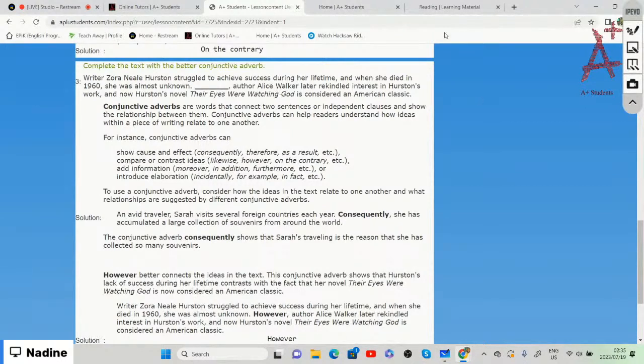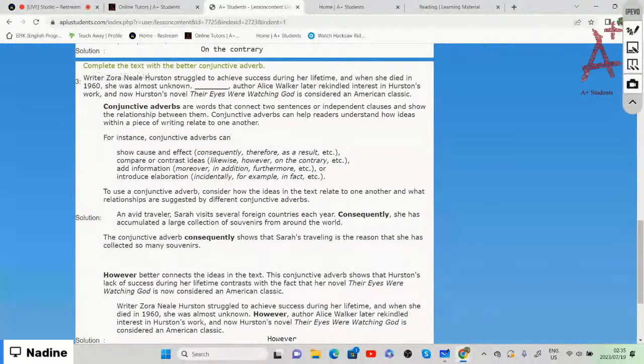So we need to write the correct or the best conjunctive adverb to show the connection that the sentences have, or to show the idea within the text. So we're going to read it again.